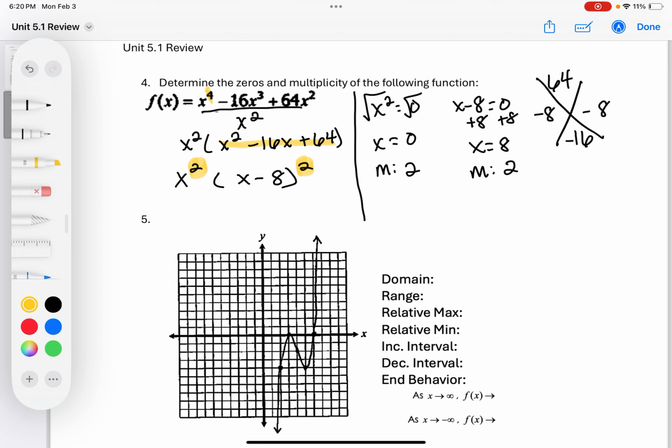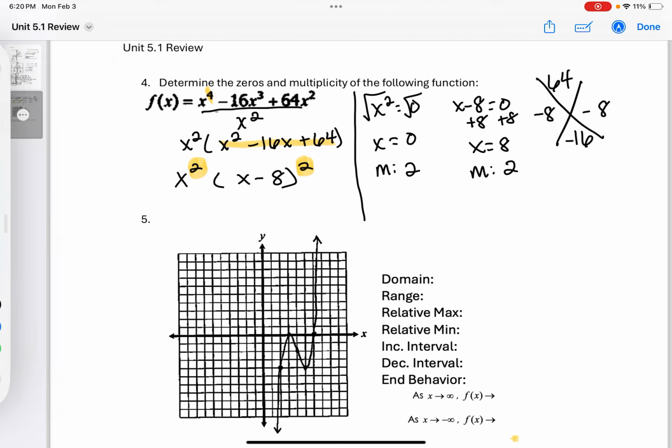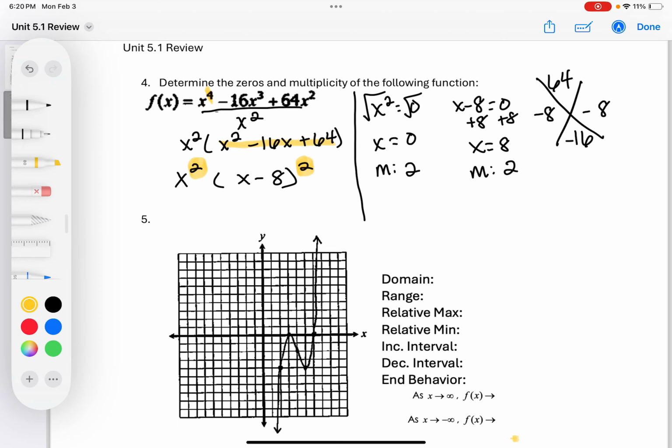When the graph reaches a zero, is it crossing, intersecting, or bouncing? When we have an odd multiplicity, it's going to cross, but when we have an even, it's going to bounce. So both of these are the same. I'm going to draw myself a quick little graph. They're both going to bounce, and this is a positive even graph.